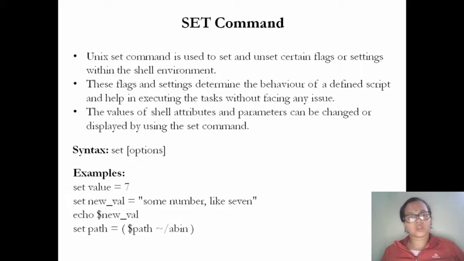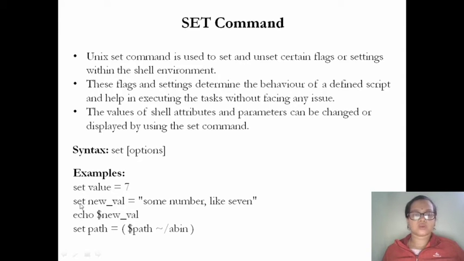So everything can be done only by using the set command. Here the values of shell attributes and parameters can be changed or even displayed by using your set command. So this is our syntax where we are setting with the options. Depending upon the options, it will define how this set command should act.